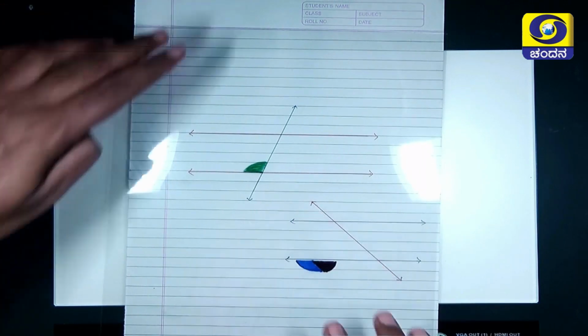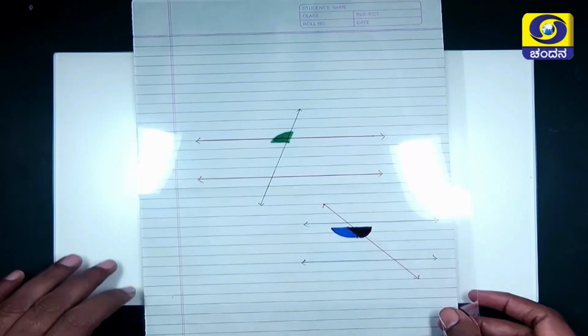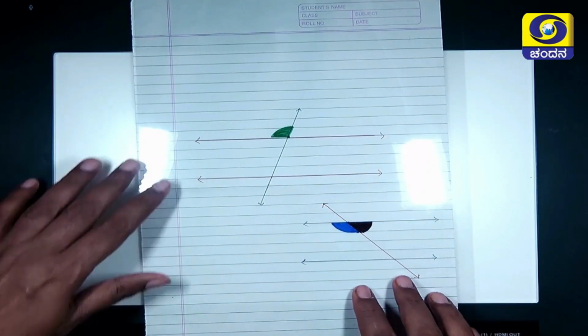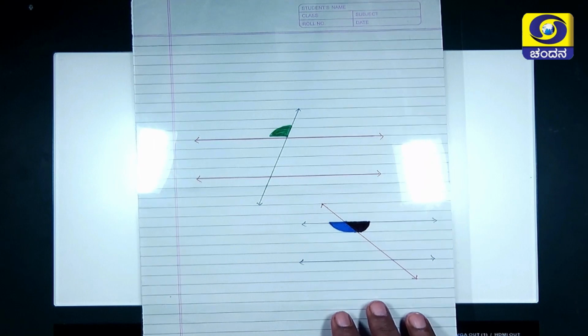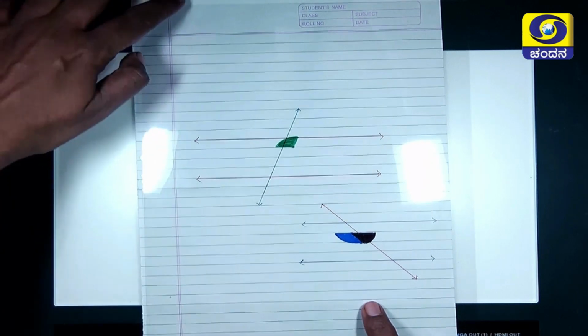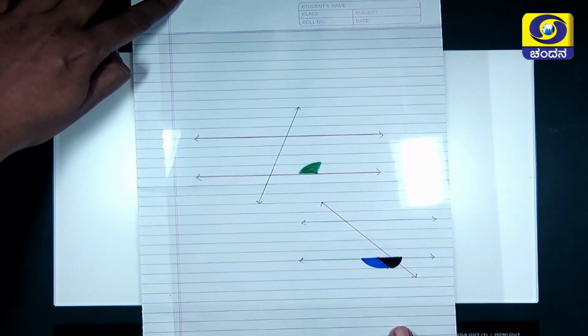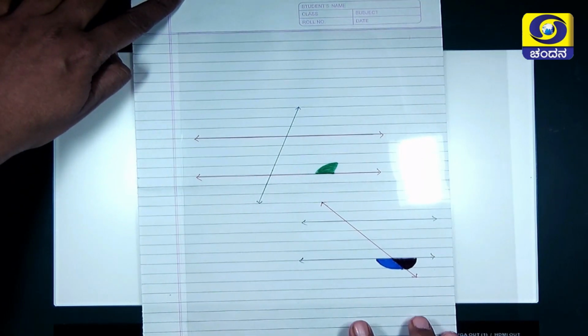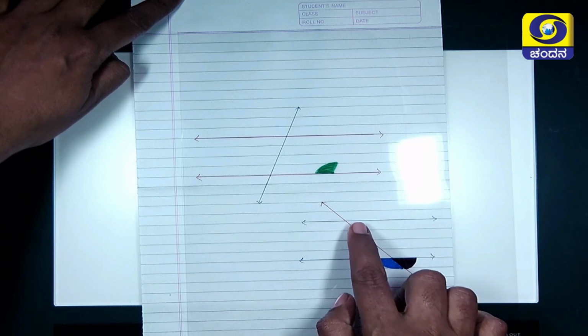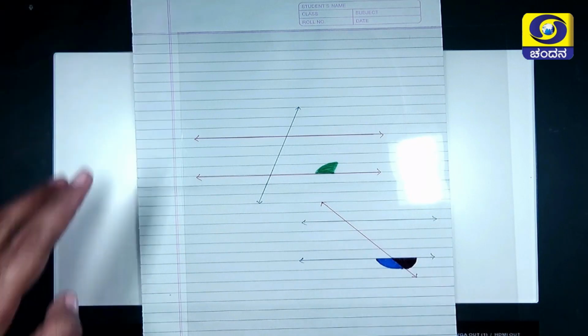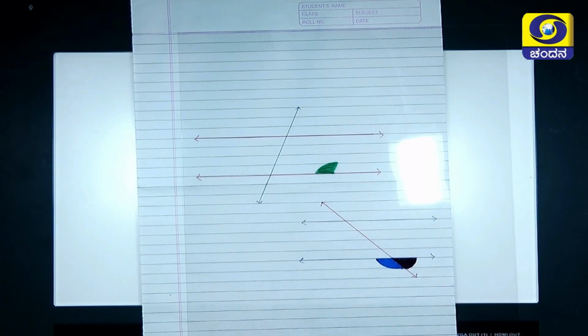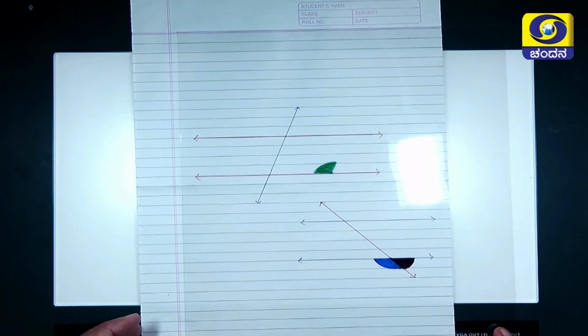Yes, the corresponding angles are equal. Now, in the second figure also, I am going to show two pairs of corresponding angles are equal. You can observe the blue shaded color and the black shaded color. The blue shaded angles are equal and the black shaded angles are equal. By this, we can say that when a transversal intersects two parallel lines, the corresponding angles are equal.